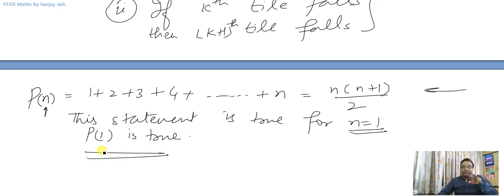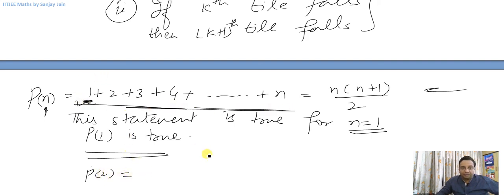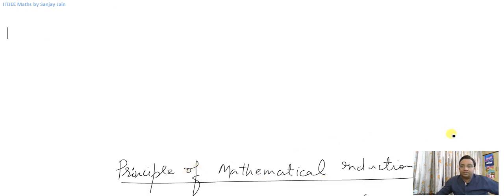When I say P1, that means I need only one term from here. P1 means only one term is being taken. What is P2? In the left hand side, P1 is equal to 1. P2 is equal to 1 plus 2. P3 is equal to 1 plus 2 plus 3. What is Pn? Pn is 1 plus 2 plus 3 up to n, right?